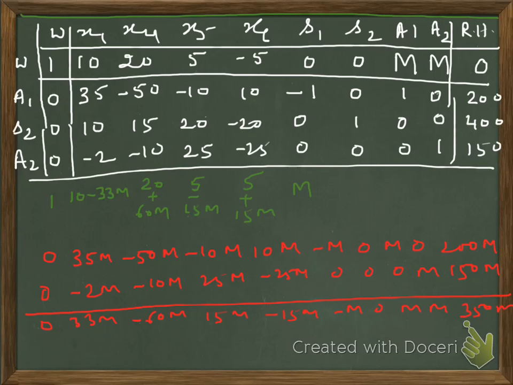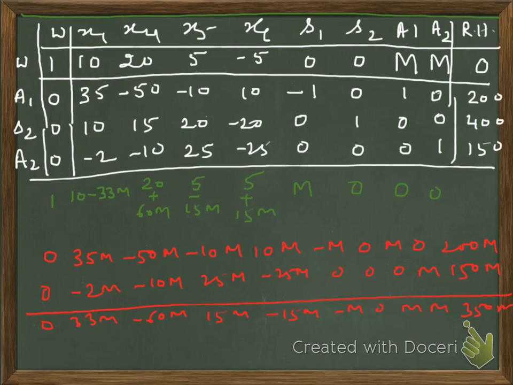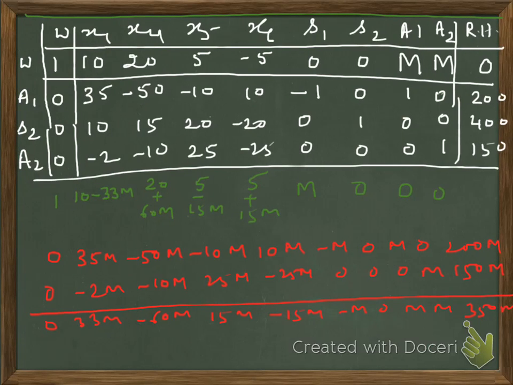Then for S2 you have 0, then this m minus this m gives you 0. The same way this m minus this m is 0, and finally you have 0 minus 350m, so minus 350m.